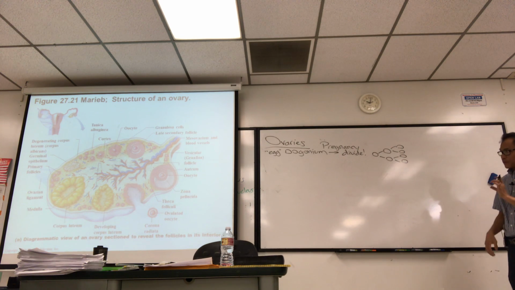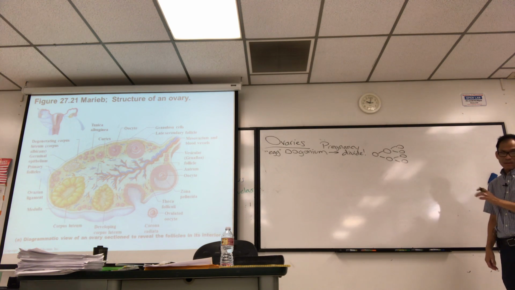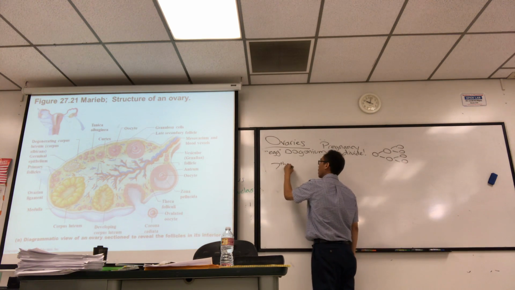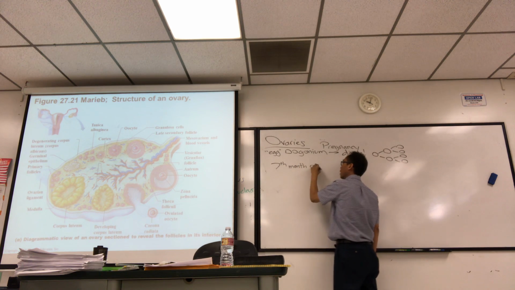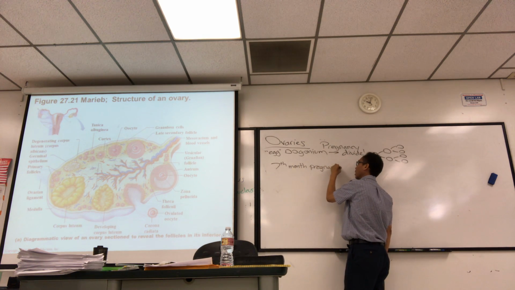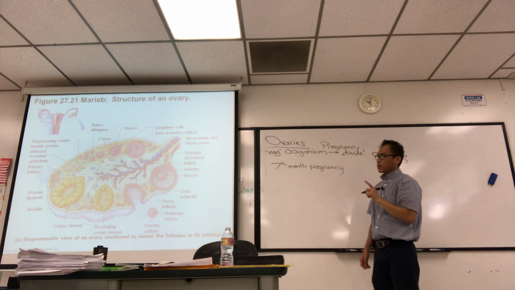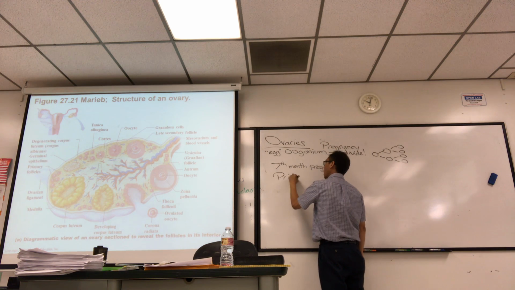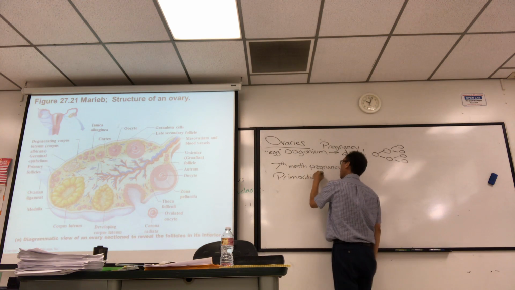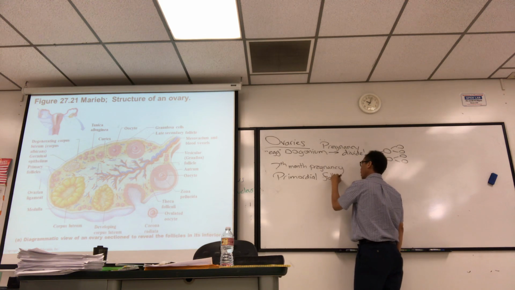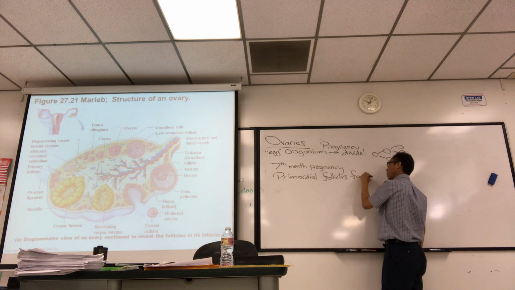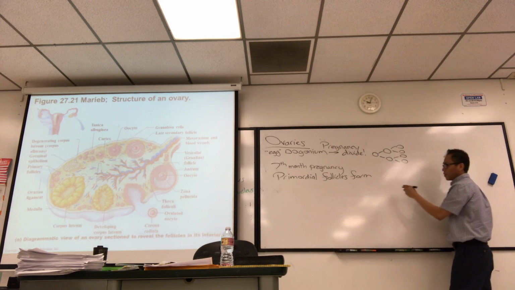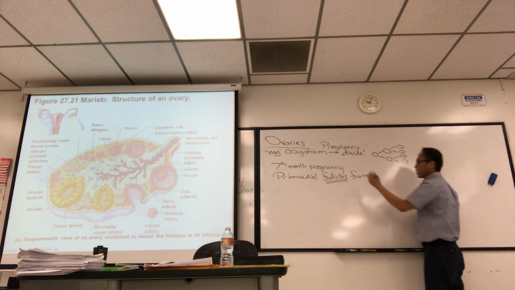Now, at around the 7th month of pregnancy, this stops. You get the formation of what's called the primordial follicle. Now, a follicle is basically, I think of a jelly donut.